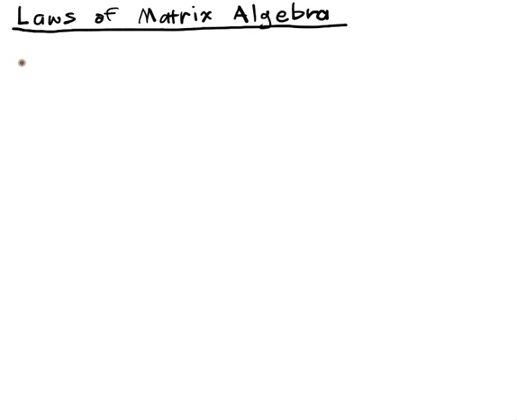So we've talked about matrix addition, matrix subtraction, and matrix multiplication, and this turns the space of matrices into an algebra. And there are laws of algebra, just like we had an algebra with real numbers, right?